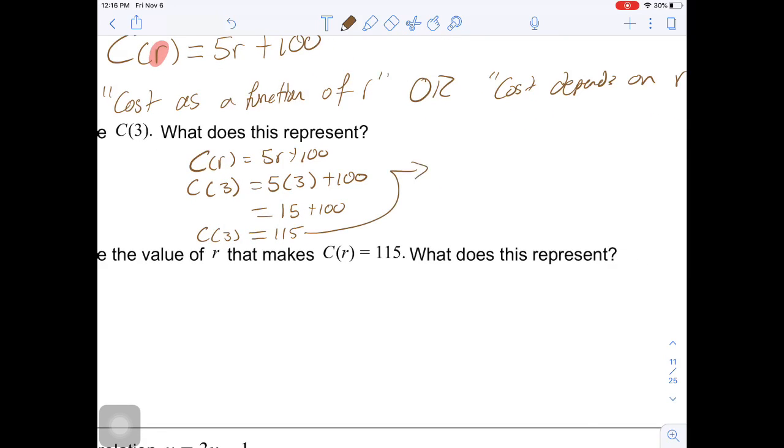So here we can read this as, if we have C at 3 equals 115, this would be the cost when 3 rides are rode.